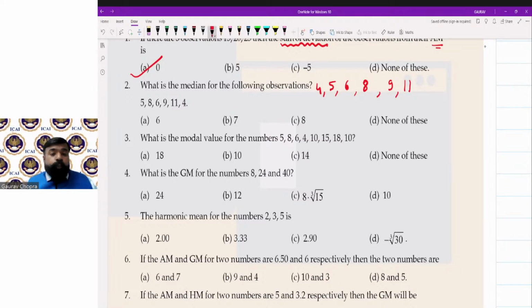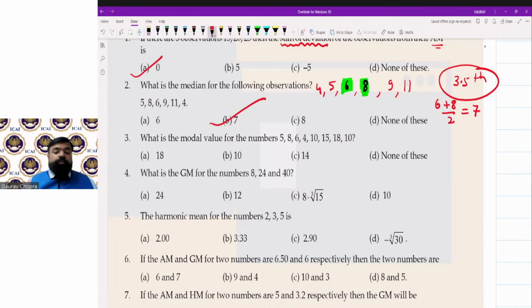The rank will be 6 plus 1 by 2, which is 3.5. It will lie between the third and fourth, so take the simple average of the third and fourth. It will be 6 plus 8 upon 2, that is 7. So 7 will be the median.